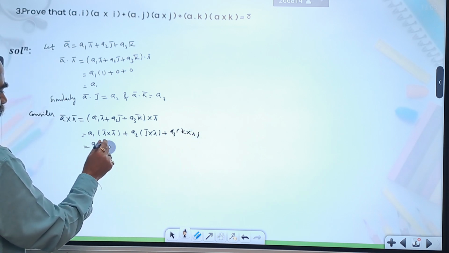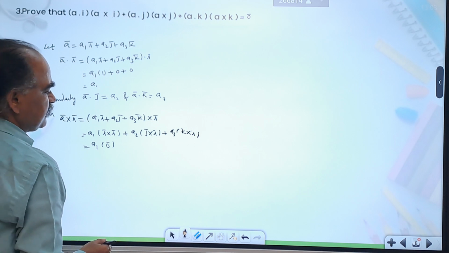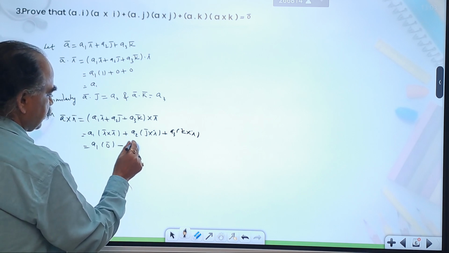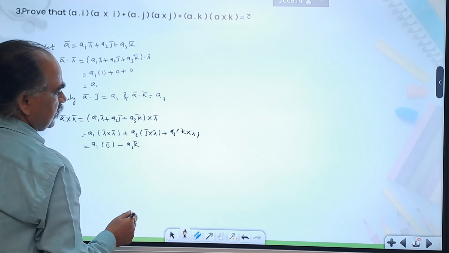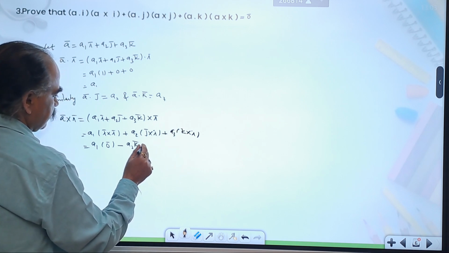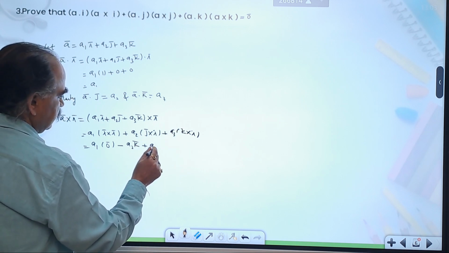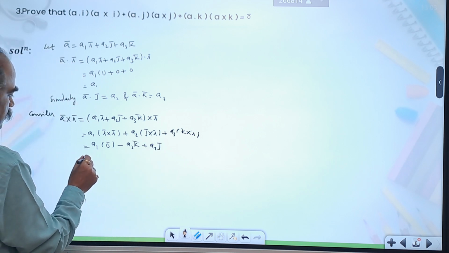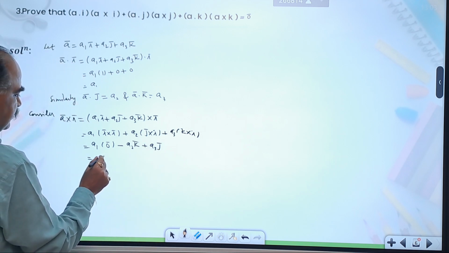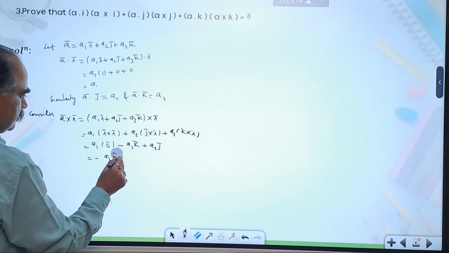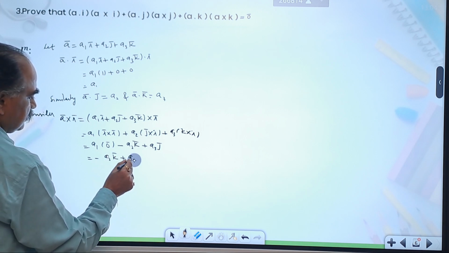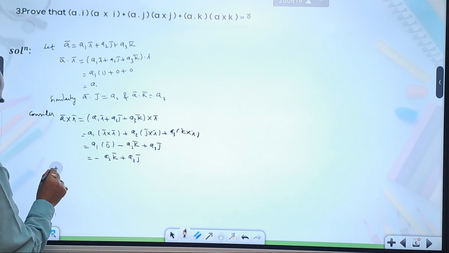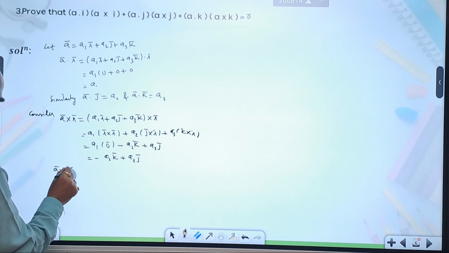A1 into 0 bar; j cross i is what? Minus k bar, so minus A2 k bar; k cross i is what? j bar, plus A3 j bar. So finally you are getting minus A2 k bar plus A3 j bar.